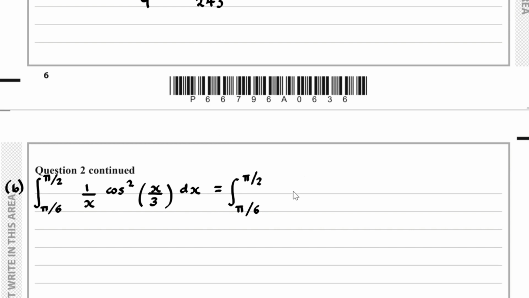And so we have 1 over x multiplied by 1 minus x squared over 9 plus x to the 4 over 243.